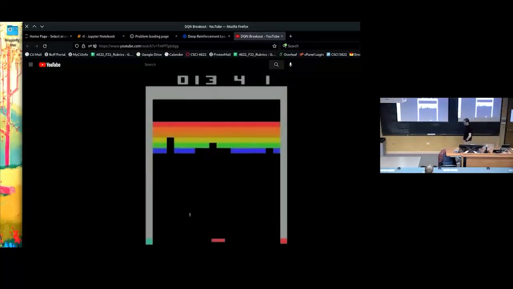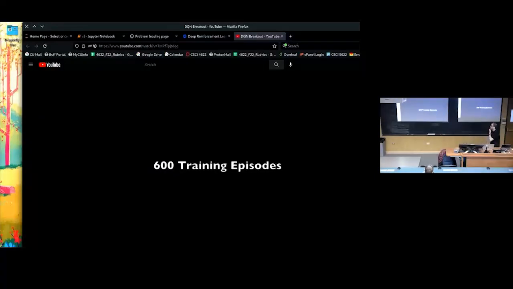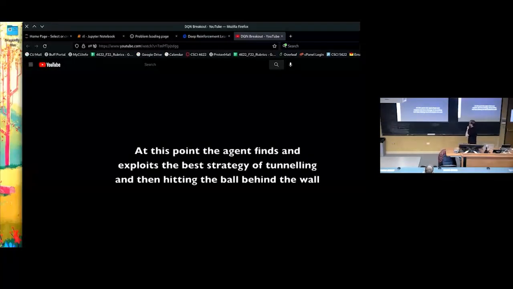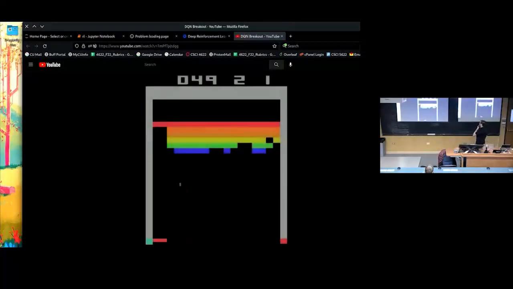But we said that with the discount rate, we also want the policy not just to finish the game, but to finish the game as early as possible. This is where the agent will learn tricks to accelerate the game. In this case, it will try to get rid of the blocks at the edges and then just hit as many blocks as possible.